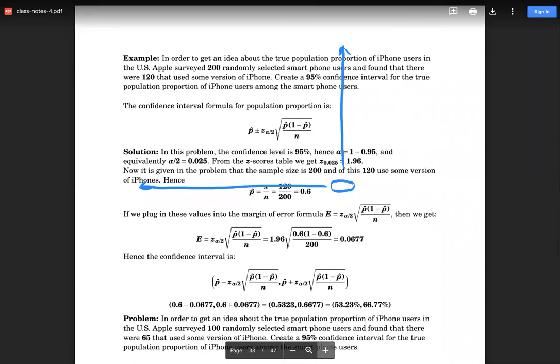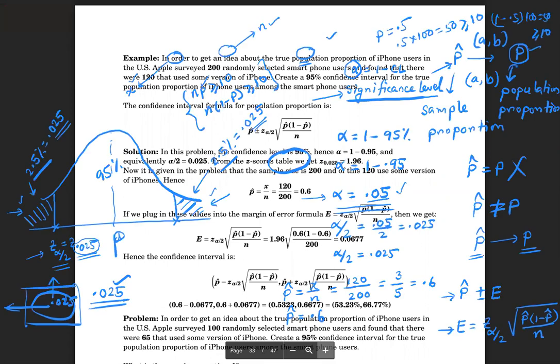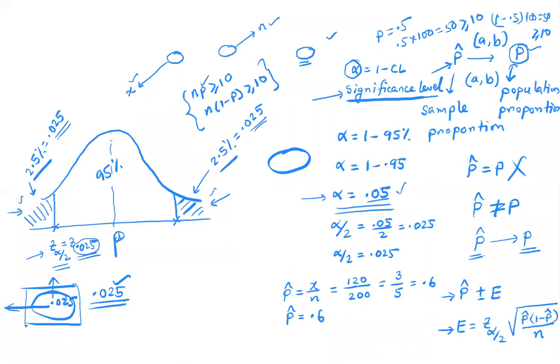All right, so let's go back to the problem. I'm going to write it in green so that you can see it. This is going to be your negative 1.96, and by symmetry, this is going to be positive 1.96.